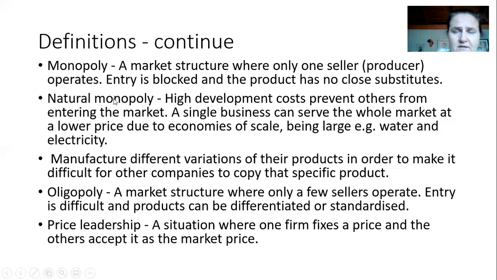A natural monopoly, and the easiest example is the lack of access because of the high cost to enter the market in the first place. Another natural monopoly is a supermarket in a coastal town where that's the only place where people can buy things.